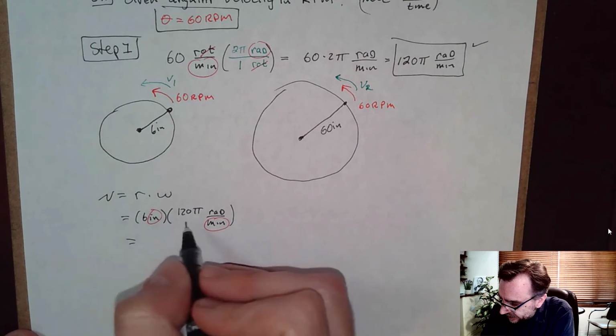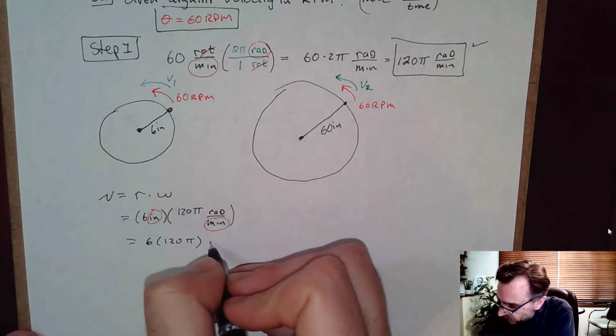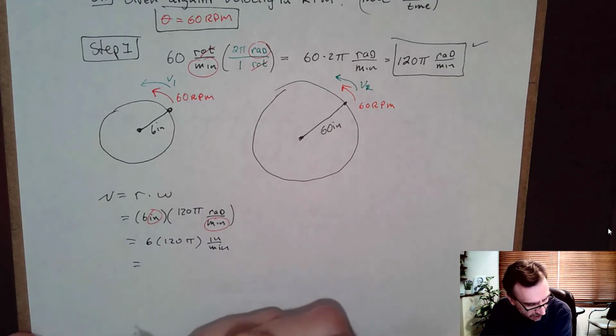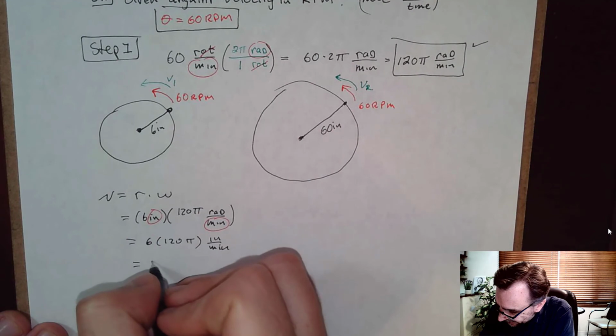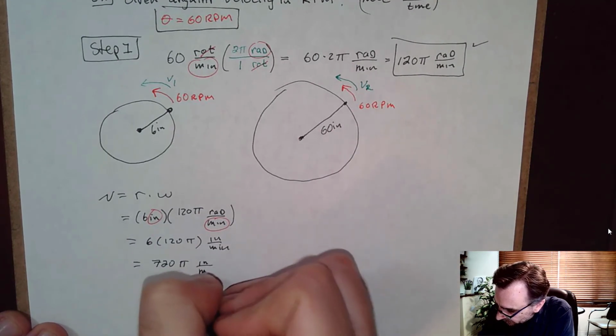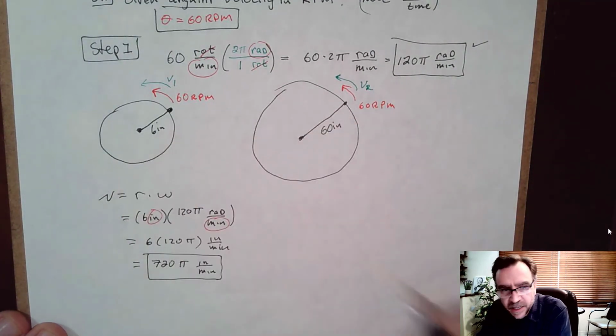I get 6 times 120 pi inches per minute, which is 720 pi inches per minute. That's the speed of the rock at the end of the 6-inch string.